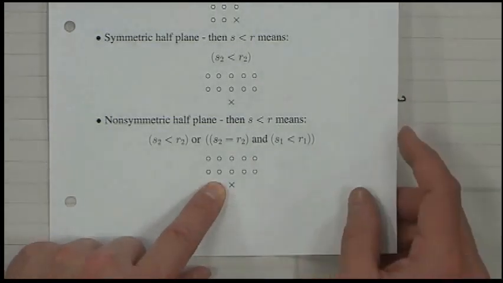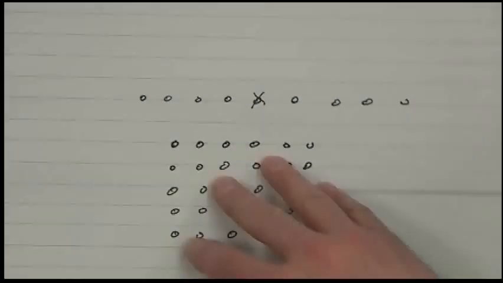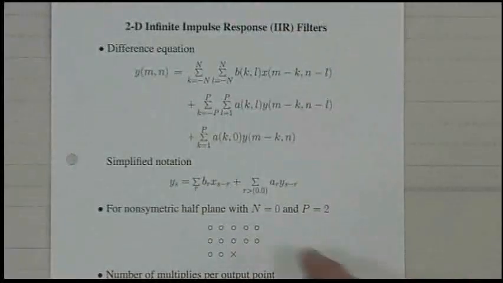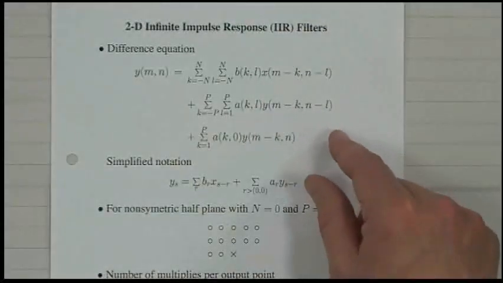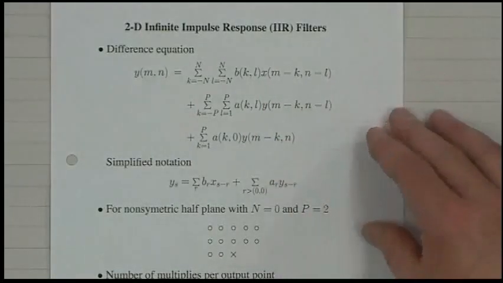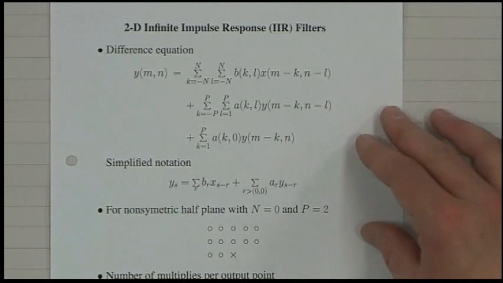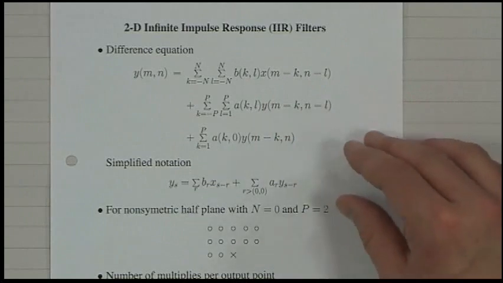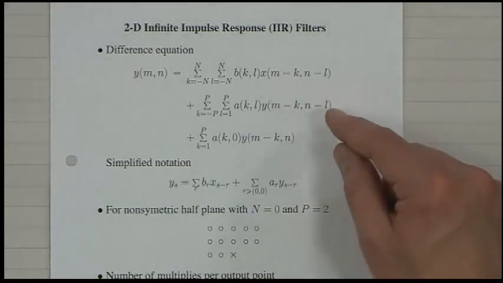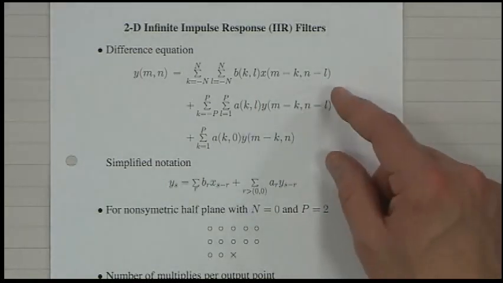Okay. Now, this ordering of the points is important when you do infinite impulse response filters. In an infinite impulse response filter, you use the results of the previous filter application, and the advantage of IIR filters is that they're much lower complexity. With only a finite number of multiplies, you can get an infinite impulse response.